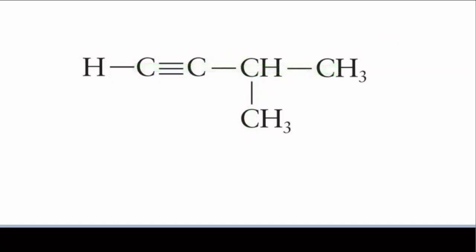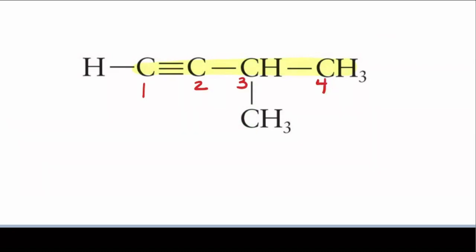Any of the two will give you the same name. So if I select this one, I have to number it from the end closest to the triple bond. So this is 1, 2, 3, 4.